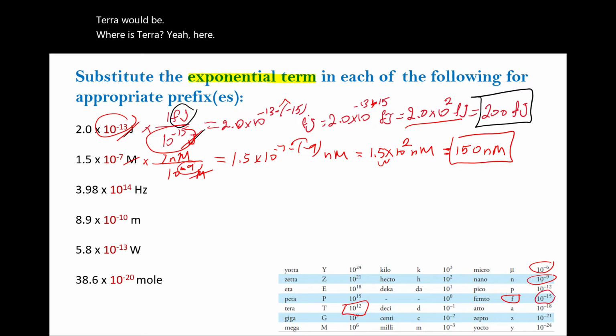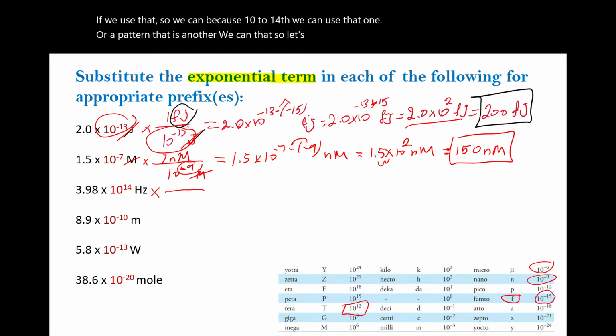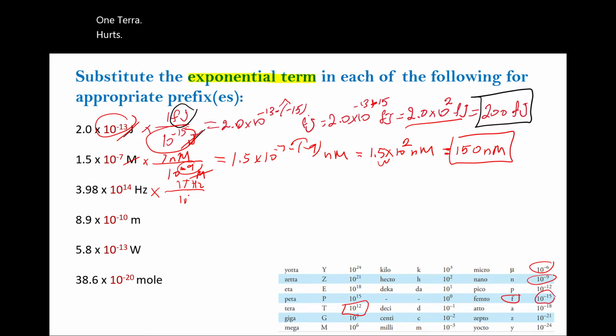If we use that, we can, because 10 to 14th, we can use that one. Or peta, that is another, so let's try tera. So 1 terahertz is 10 to 12 hertz. So hertz will cancel out.